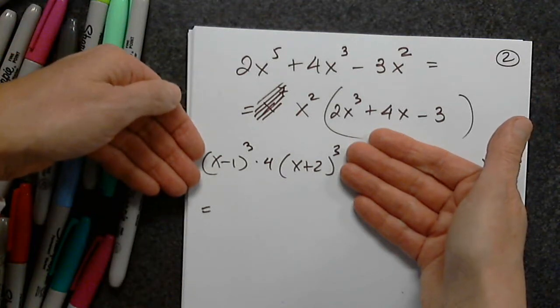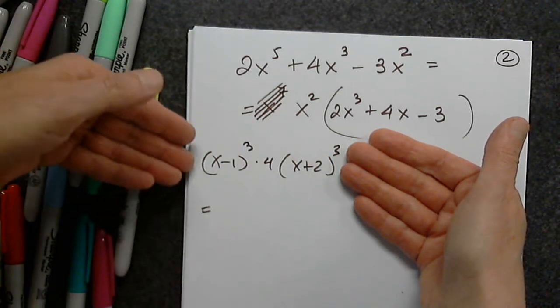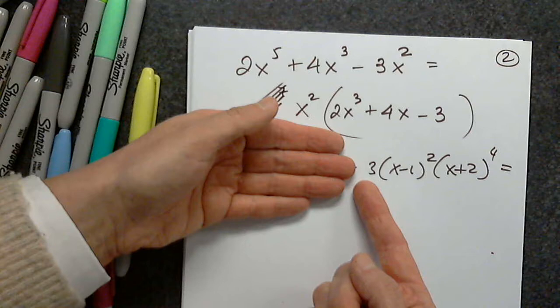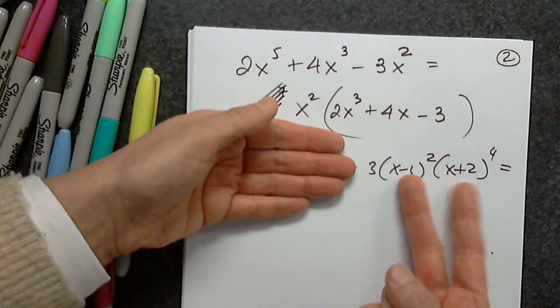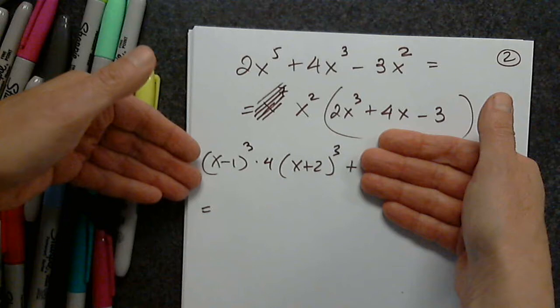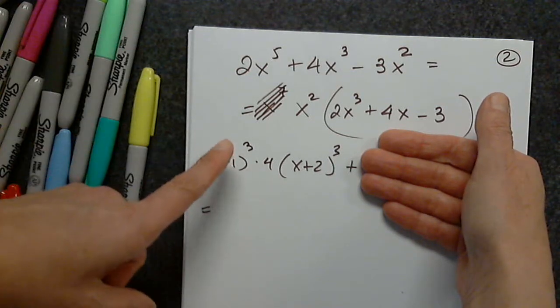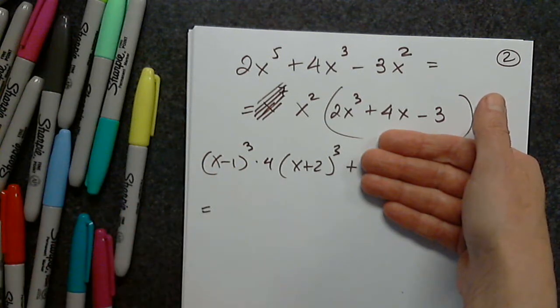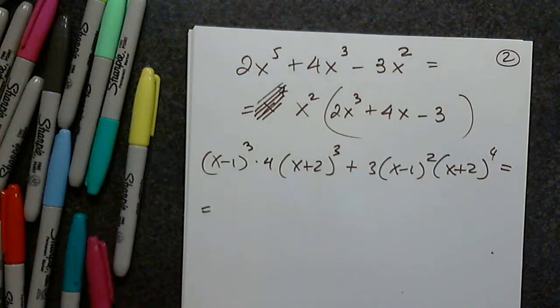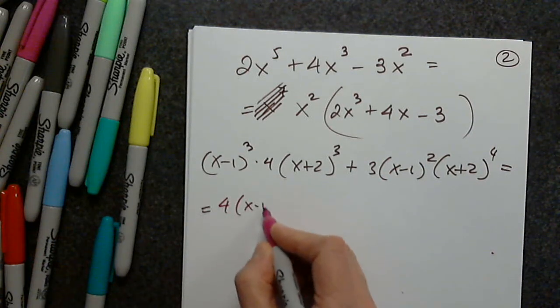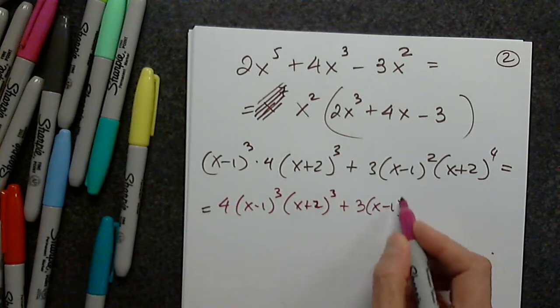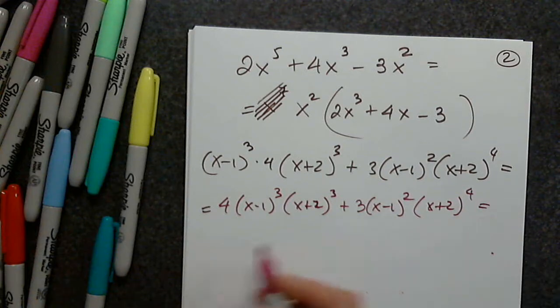Is there anything I can do to rearrange this in the appropriate order? This is the appropriate order when the number is in front and the factors with x are following. But I know that a times b times c is b times a times c. It doesn't matter. When I multiply, the order is not important. So, of course, I'm going to put the 4 in front. 4, x minus 1 to the third, x plus 2 cubed, plus 3, x minus 1 squared, x plus 2 to the fourth. This is completely simplified at this point.